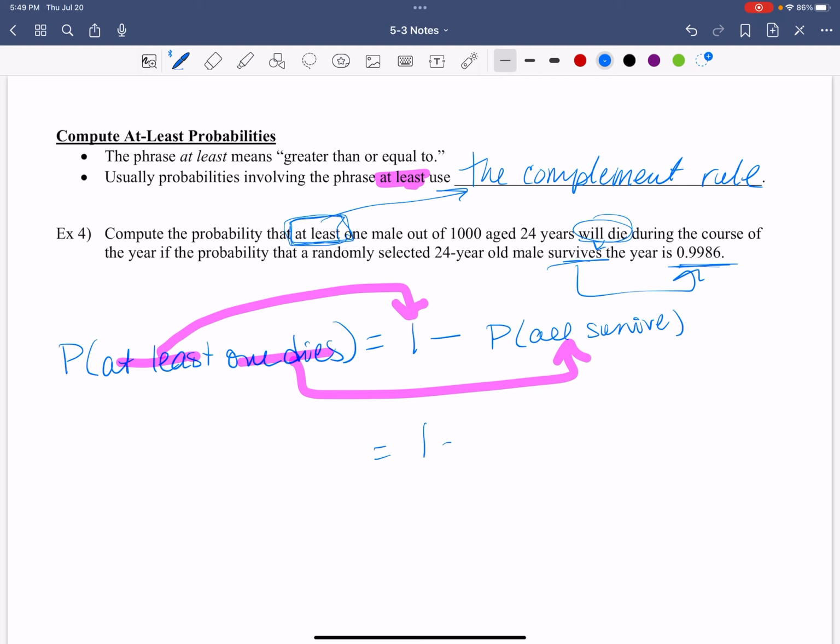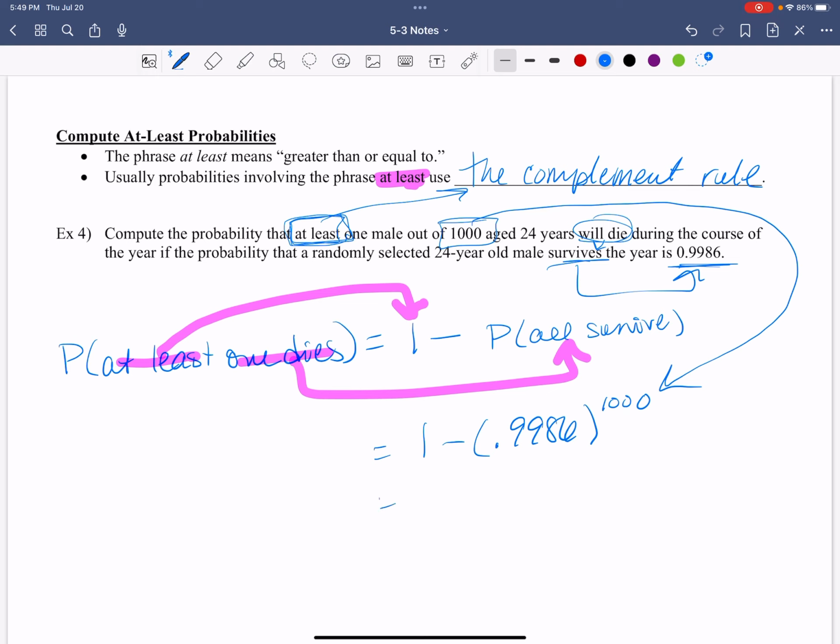So this will be 1 minus, I know that we're just talking about 1,000 out of 1,000 of these, 0.9986 to the 1,000. I was trying to look for that number. 1,000 sets us up. At least 1 out of 1,000.